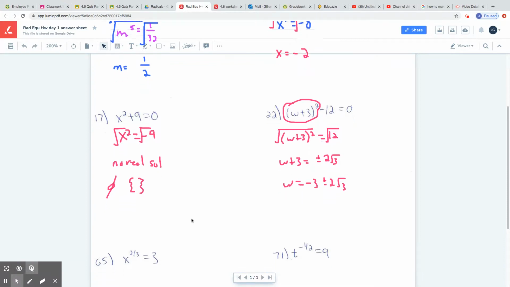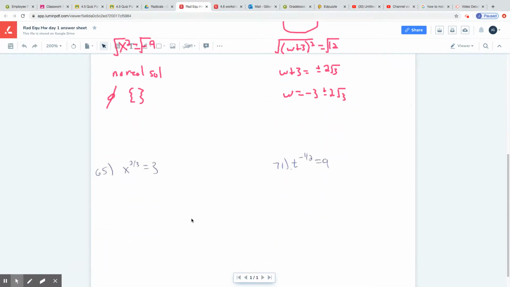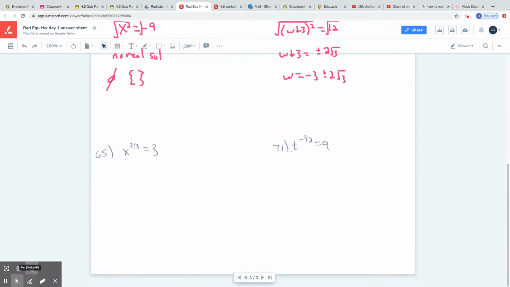Now we scroll down to the last two where we have a rational exponent. What I told you in the notes is to raise to a power first. Do it in 2 steps instead of 1. It's going to make sure you don't mess up on a plus or minus somewhere along the way. Whatever the denominator is, that's what I'm going to raise to first, on both sides.